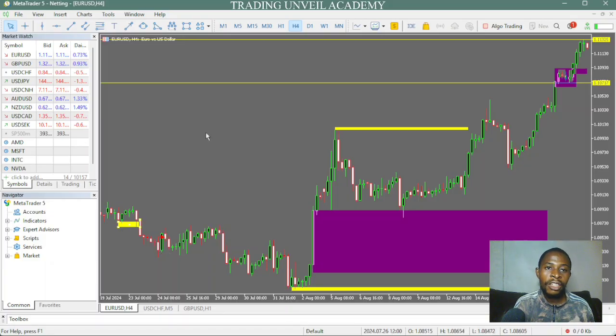And it reverses again to this point. Reverses to this point. After reversing to this point, the market falls again, taking here again, taking here again. After the market took this low, it has to go back again.